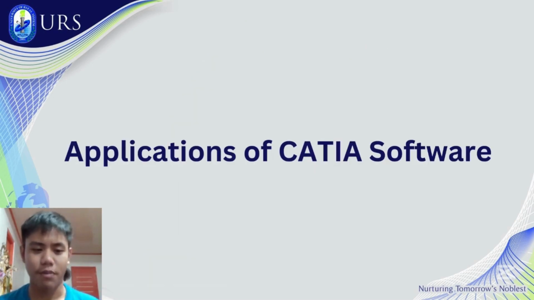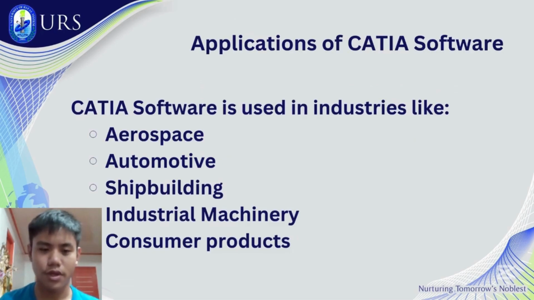So, what are its applications? CATIA software is commonly used in industries such as aerospace, automotive, shipbuilding, industrial machinery, and consumer products. Now that we know CATIA's nature on the surface, its history and capabilities will be further discussed in the next slides.